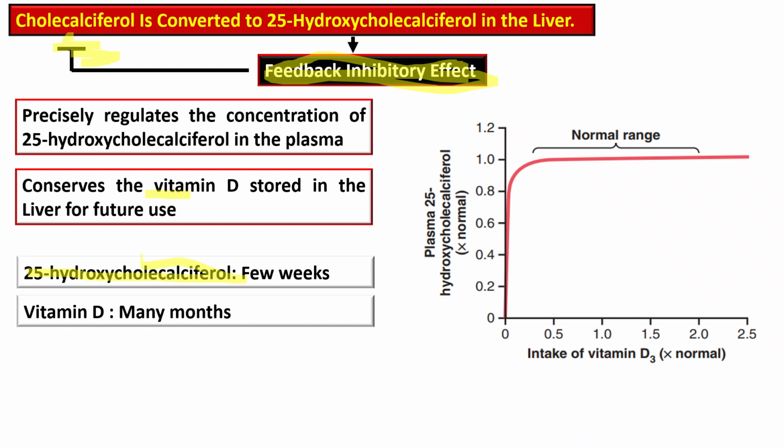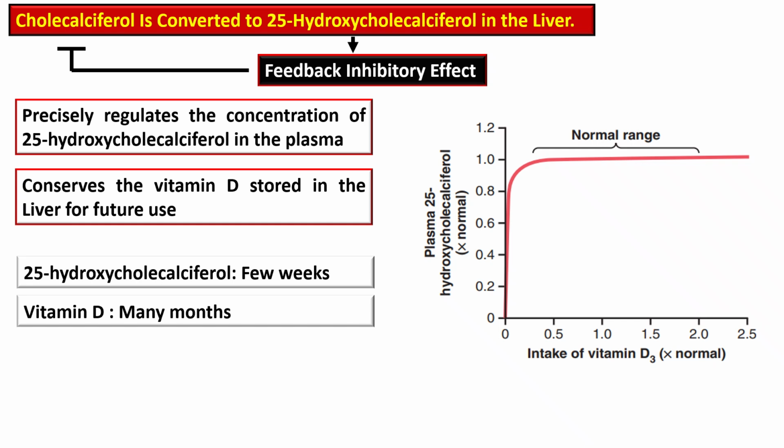So this reaction maintains a stable blood level of 25-hydroxycholecalciferol that prevents overactivation even if dietary or sunlight-derived vitamin D3 increases significantly. So there is a regulation of calcium and phosphate metabolism without causing overload.